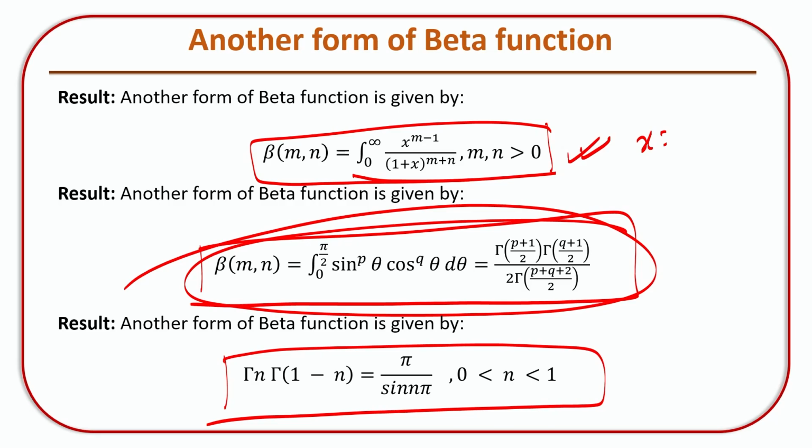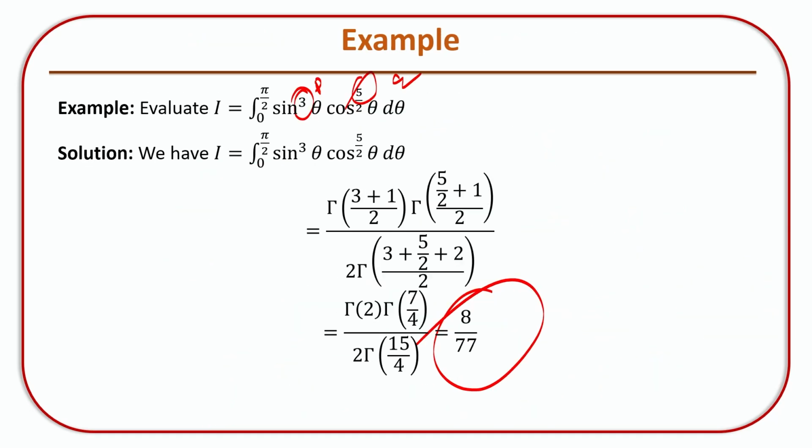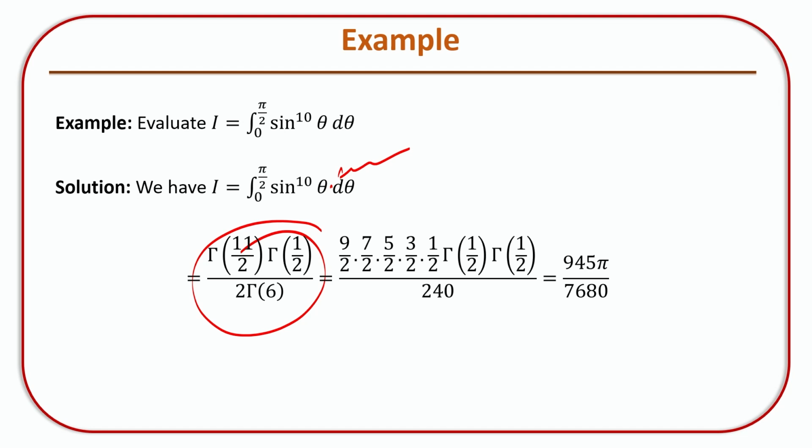We have used this formula, so using this formula we have gamma 11 by 2, gamma 1 by 2, 2 into gamma 6. What we have done is we have retained it in such a way that sine of 10 theta into 1 into d theta, I can write this one. And we know how I can find this value.